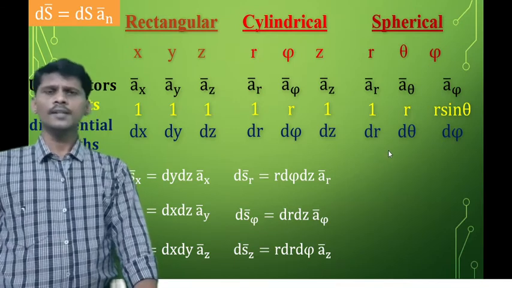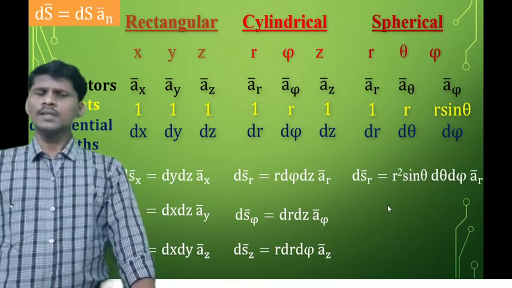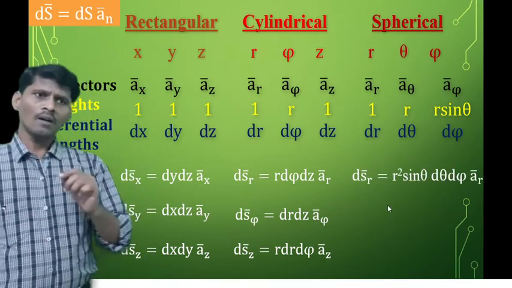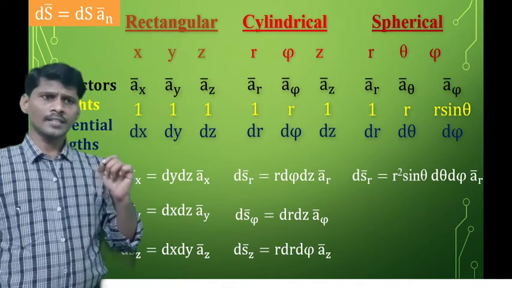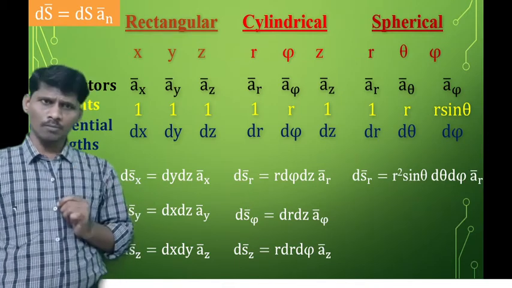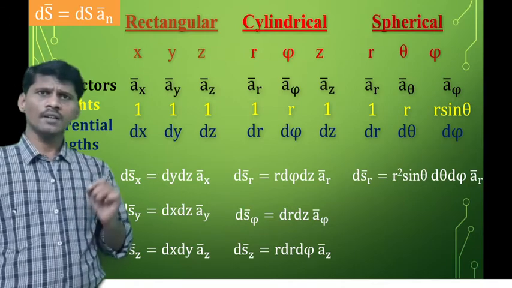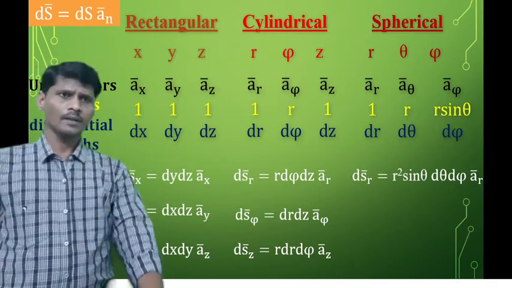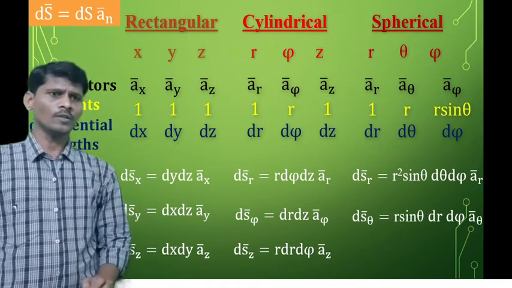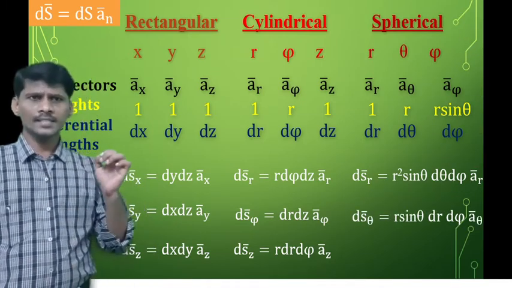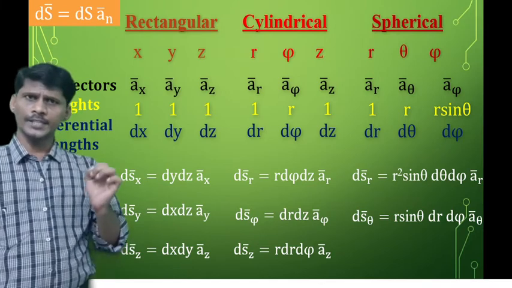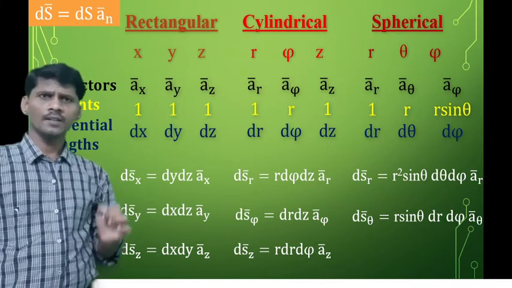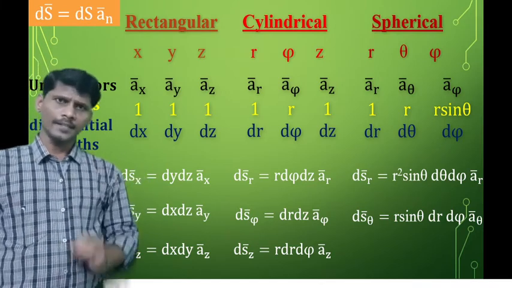Similarly, in spherical coordinate system, dSr bar is equal r dtheta into r sin theta dphi into ar bar, that is r square sin theta dtheta dphi ar bar. dStheta bar is equal 1 dr into r sin theta dphi into atheta bar, that is r sin theta dr dphi atheta bar.